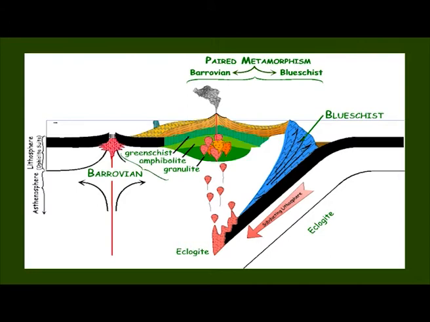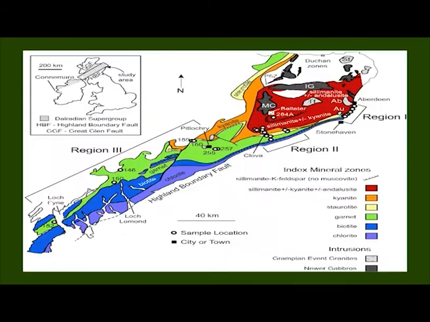Migrating fluids may also transport heat. The zones of metamorphism in the Scottish Highlands, originally described by Barrow in 1893, include 6 distinct index minerals: chlorite zone, biotite zone, almandine garnet zone, staurolite zone, kyanite zone, and sillimanite zone.